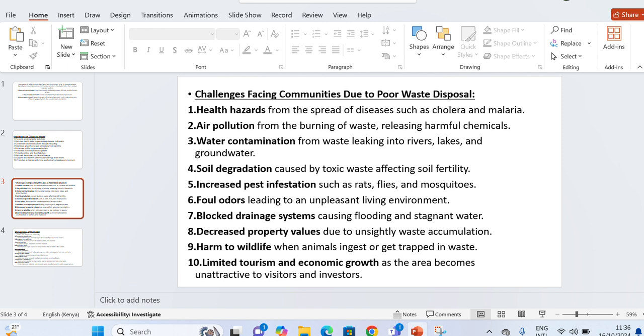This will cause loss and waste of time. Again, there will be a decrease of property values due to unsightly waste accumulation.